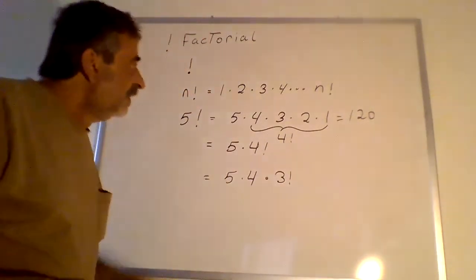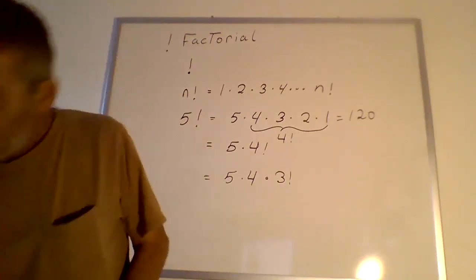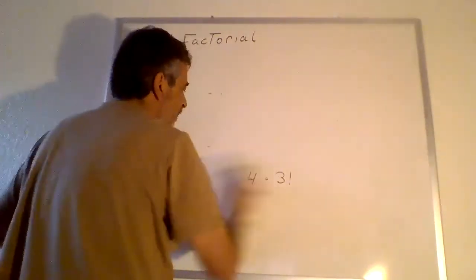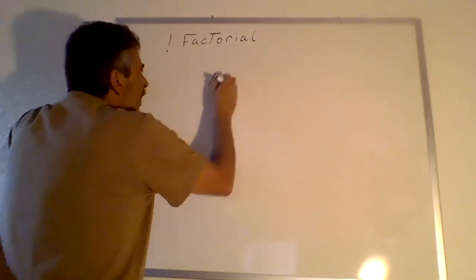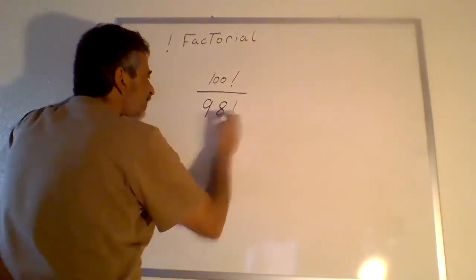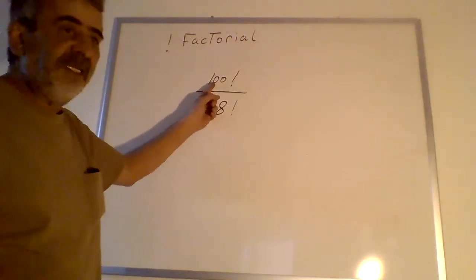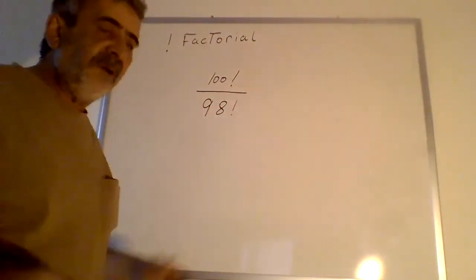For example, this is helpful when you're doing simplification of fractions. Suppose, for example, we need to simplify 100 factorial divided by 98 factorial. So this means I'm going to have to write the numbers 100, 99, 98, 97, all the way to 1 in order to figure out what that is.